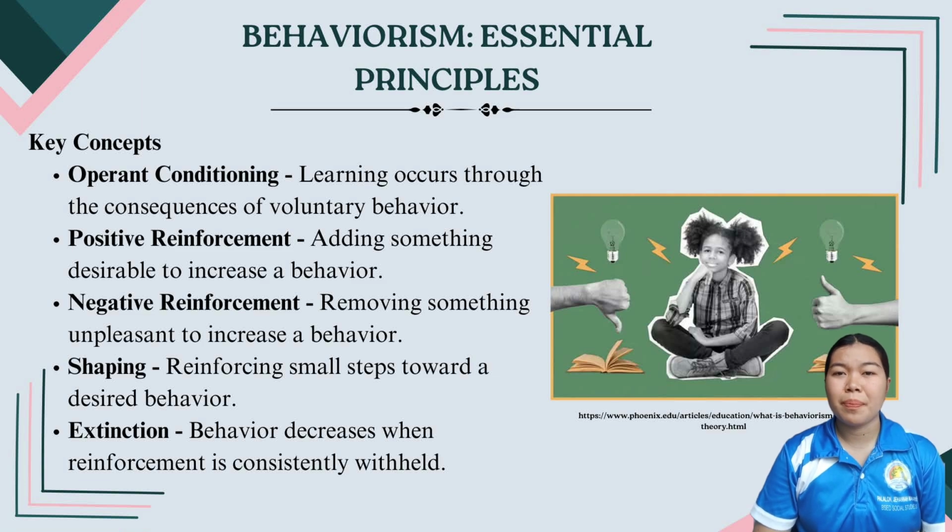So how can teachers apply behaviorism in the classroom? One example is through a token economy. A teacher can give students behavior credits or points when they demonstrate positive behaviors, such as arriving on time, participating appropriately, or completing their work. These points can later be exchanged for a reward. Another application is immediate feedback and skill drills.